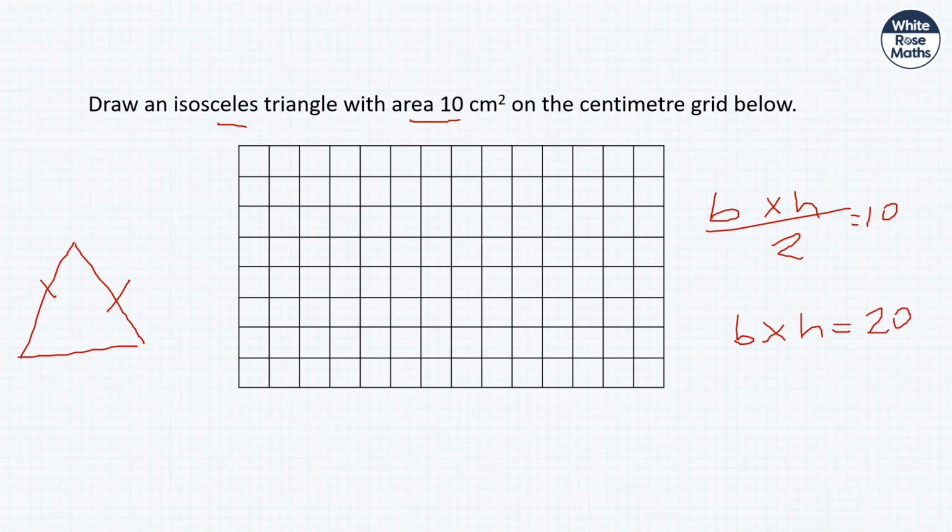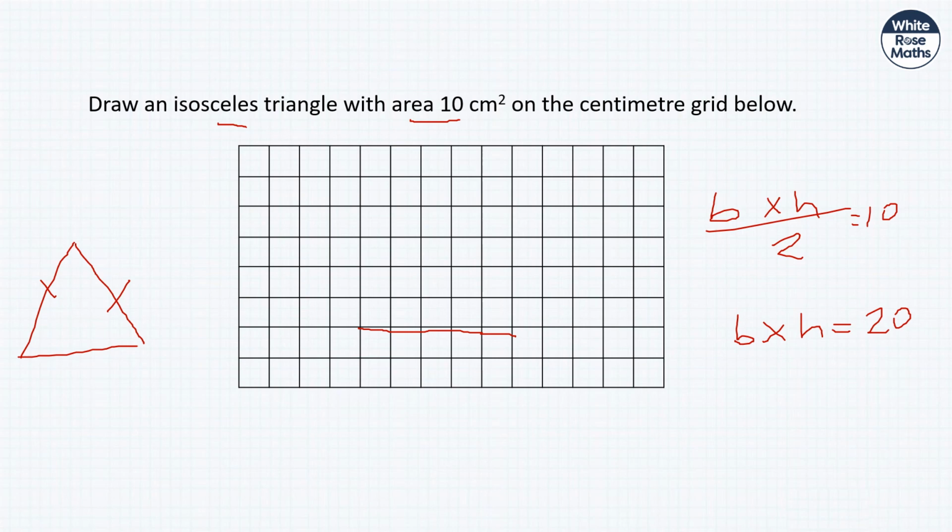So I'm going to do a triangle. Let's do 4 by 5, guys. Sorry, we'll do 5 by 4. So 5 across, and then we'll have to do 4.